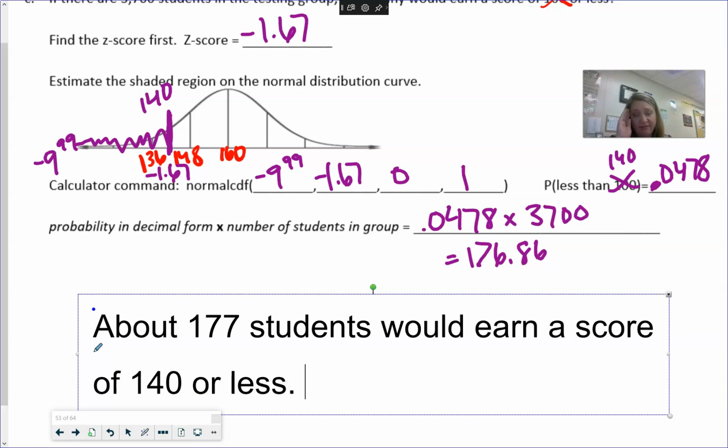Okay, so out of 3,700, that's not a lot, which is good. It's only what, about almost 5% of the students. Okay.